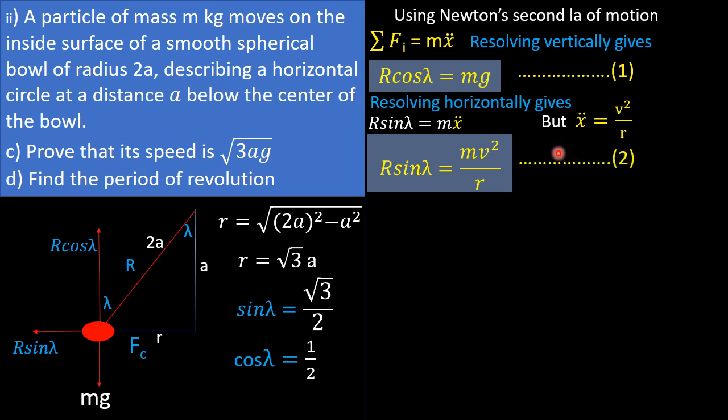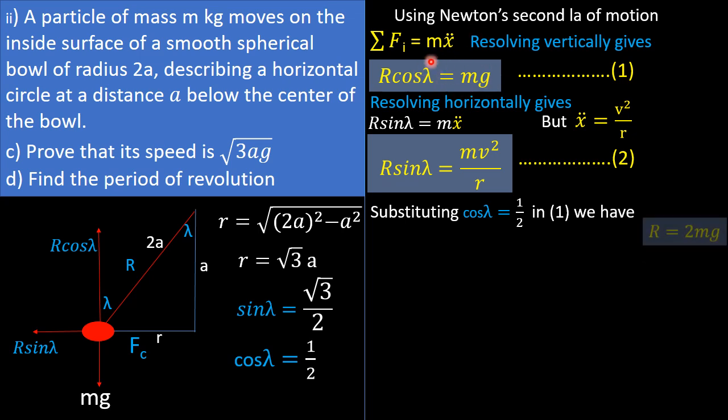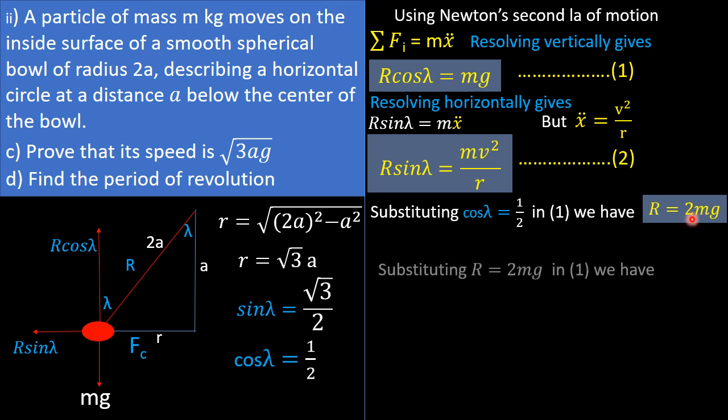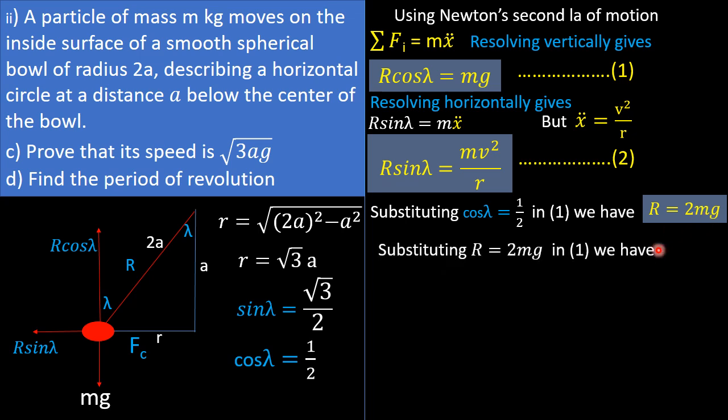That's right. Then friends, we should know that if our cos lambda in this case is 1/2, and we substitute cos lambda into equation 1, we are definitely going to have our R to be something like what? 2mg. Good. 2mg. Then friends, if we substitute R equal to 2mg into equation 2, we are definitely going to have our R, which is 2mg, then sine lambda, we know it's what?